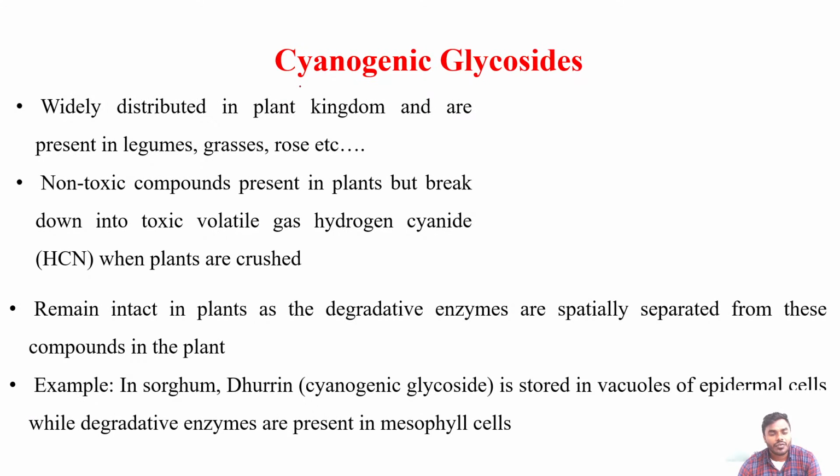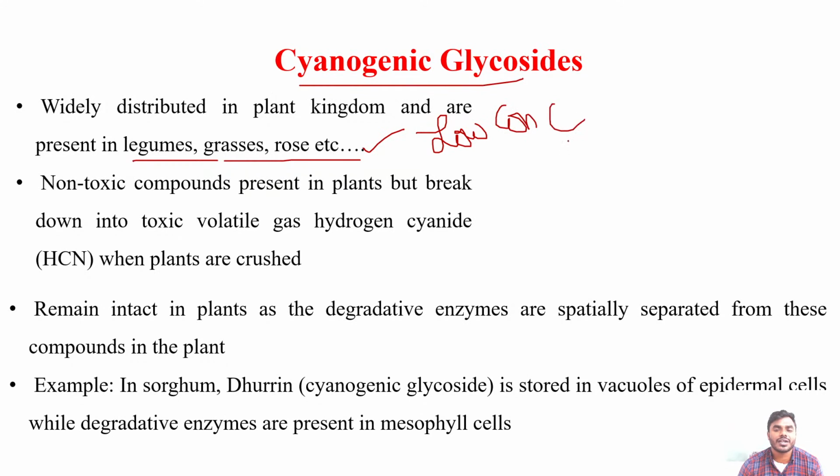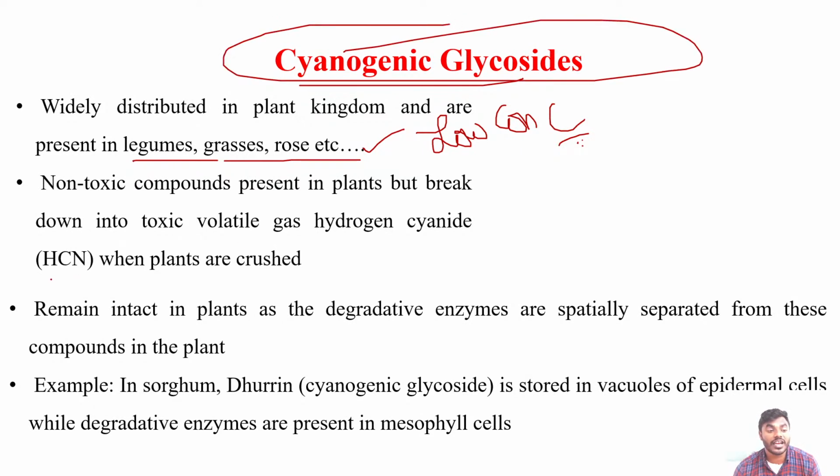And friends, where are the cyanogenic glycosides present? They are present in the legumes, grasses, roses. But you have to remember, friends, in all the plants they are present in low concentration only. You all have to remember a very unique statement. Sir, if the cyanogenic glycosides are releasing the hydrogen cyanide, which is a very toxic gas, won't it cause any harm to the plant body?